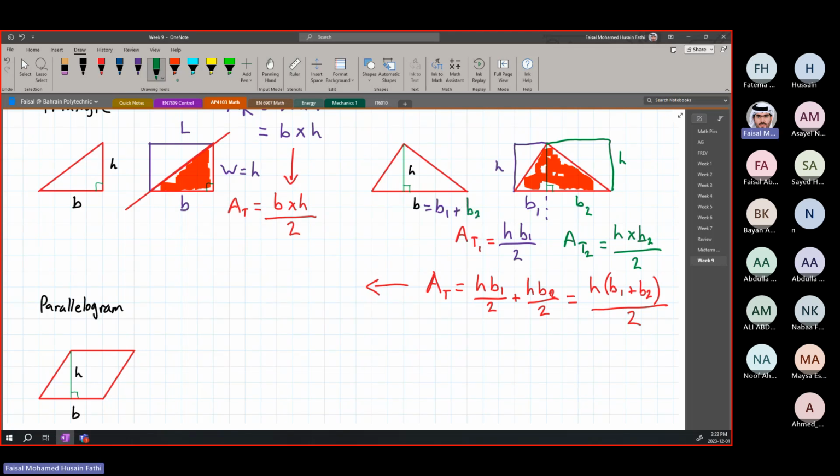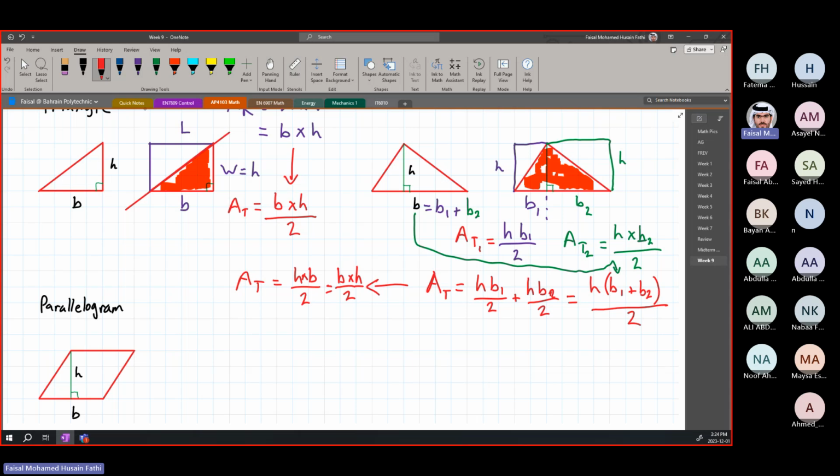So we can just substitute this b instead of this, and you will see that we get the exact same equation, where AT is equal to h times b, or b times h, it's the same thing, over 2. So that's how the area of a triangle is proven to be this equation.